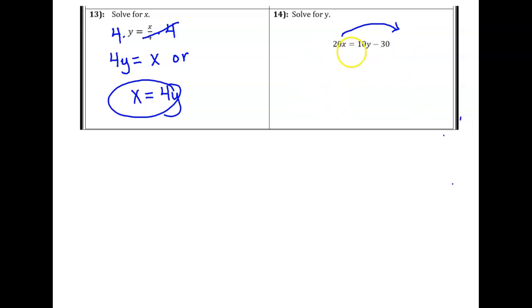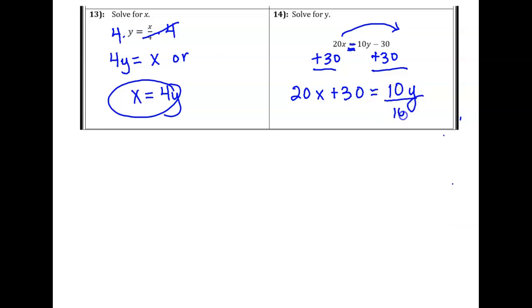So this is actually an equal sign. 20x is equal to 10y minus 30. So if we want y by itself, we're actually going to start out by adding 30 to both sides. So we're left with 20x plus 30 is equal to 10y. All right, and then we want our y by itself, so we're going to divide everything by 10. So this could be 2x plus 3 is equal to y, or y is equal to 2x plus 3.